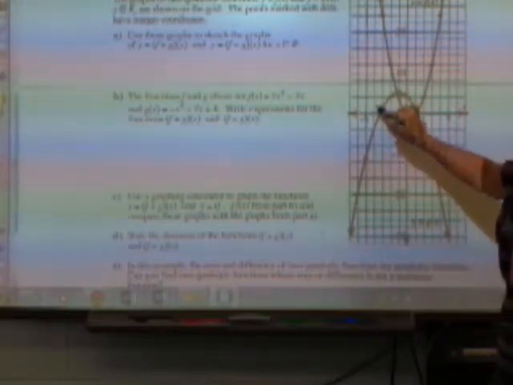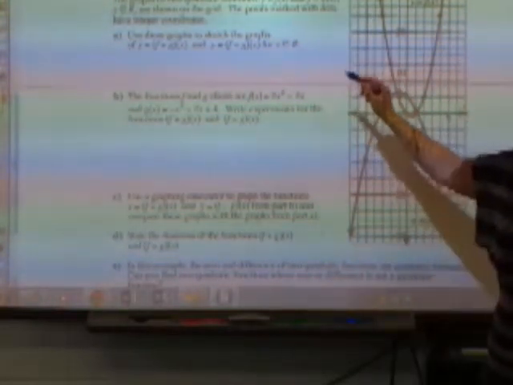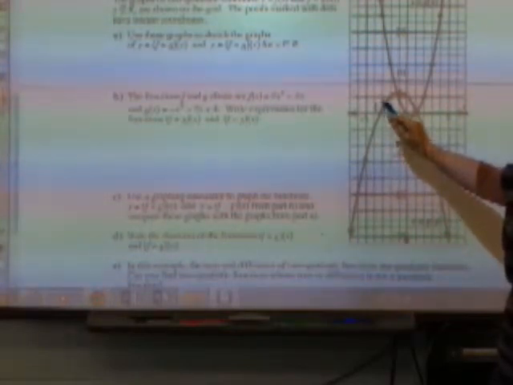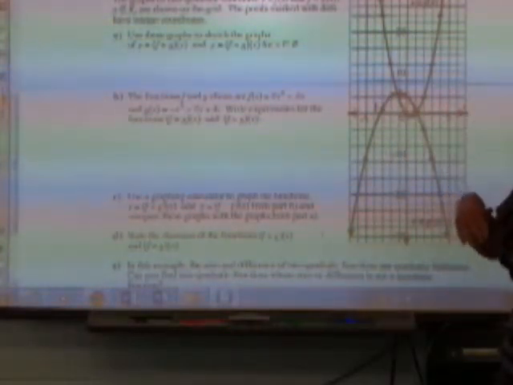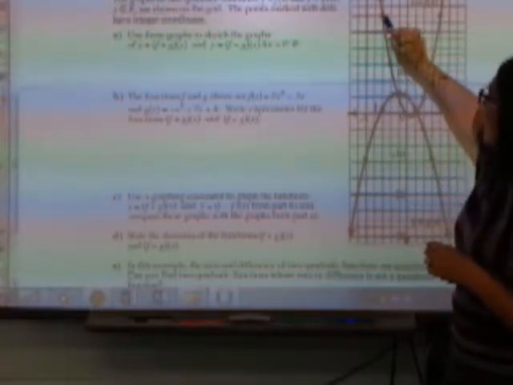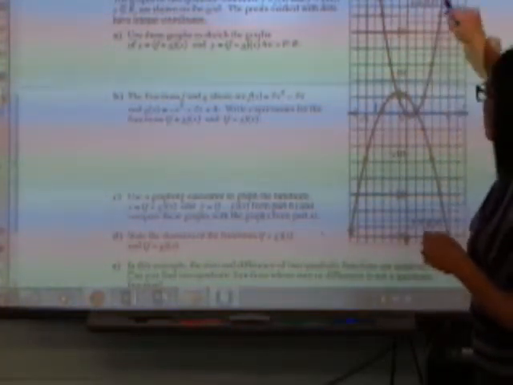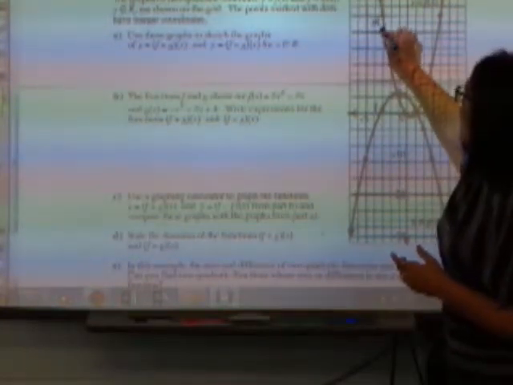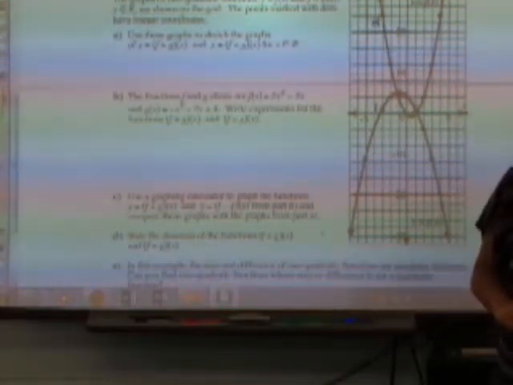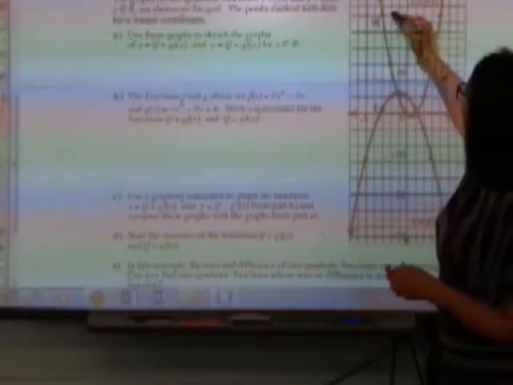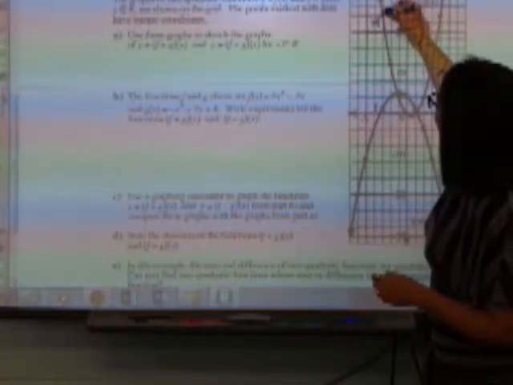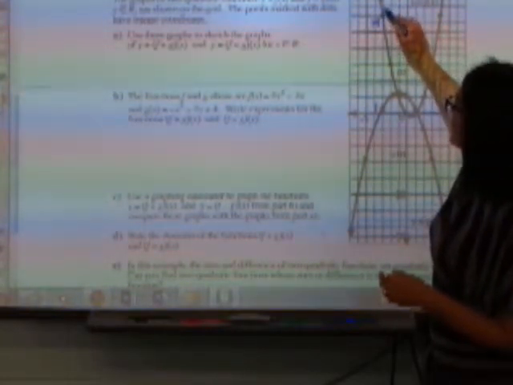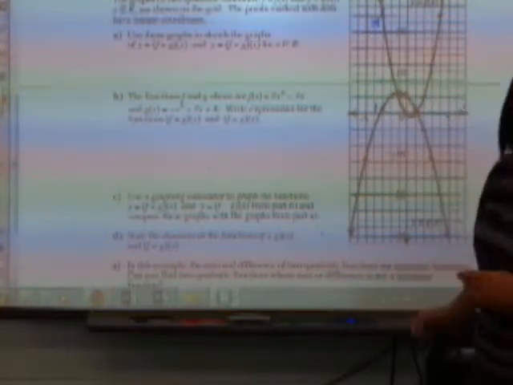That's the other reason the integer coordinates come in, because if it's an integer, it has to be halfway in between. It has to be the 1. What's the y value on my f of x, the quadratic that points up? 24. So in my function where I'm adding them together, what's 1 plus 24? 25. So the new point is going to be halfway in between here, and it's still going to be on this x equals -3 line.